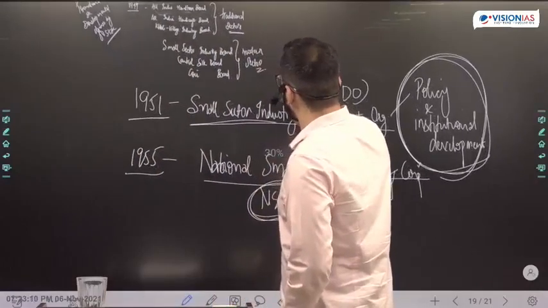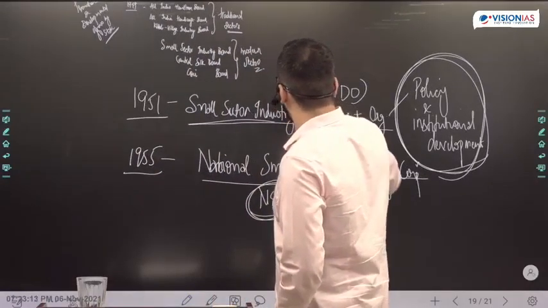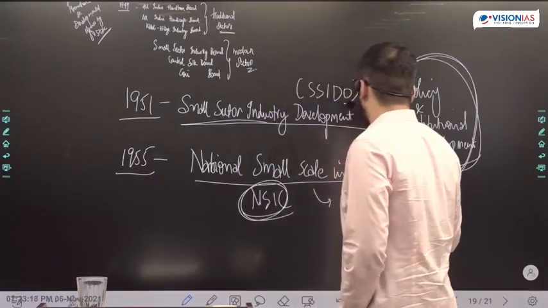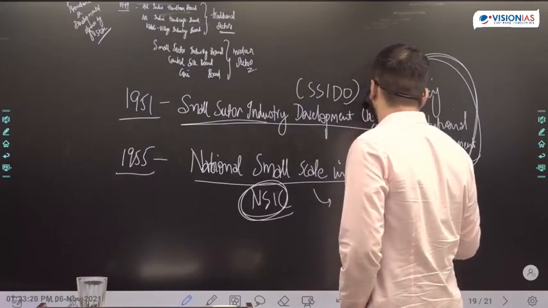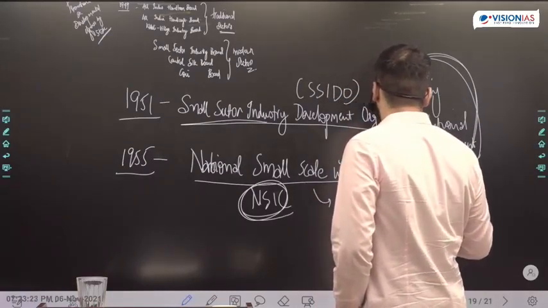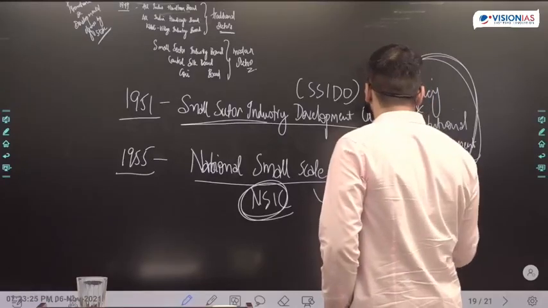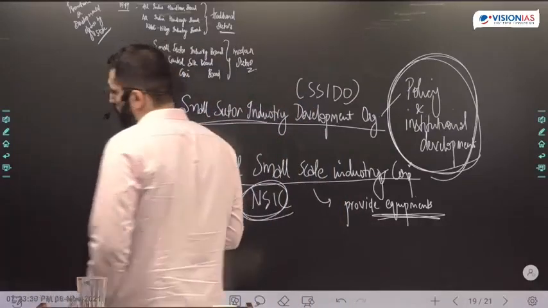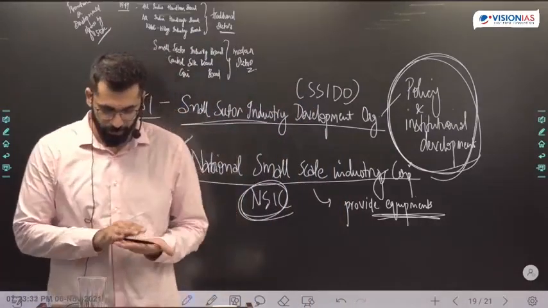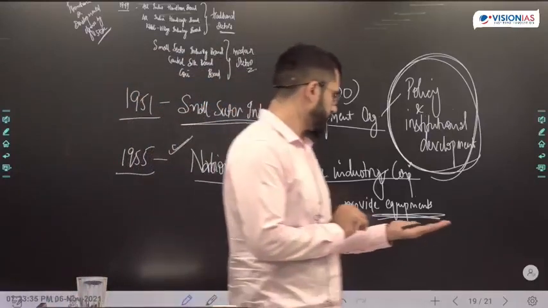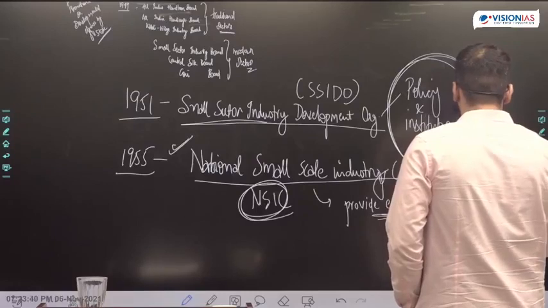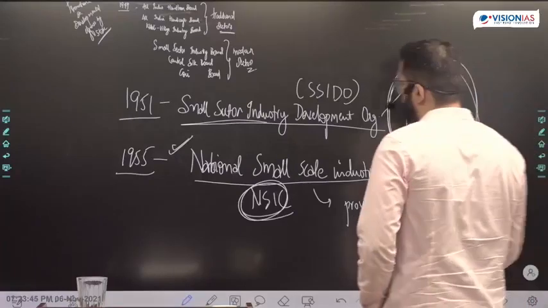See, the major benefit of having this National Small Scale Industry Corporation was to provide modern equipment to the small sector. Tools and equipment on hire purchase basis. Machinery to small scale sector, equipment, machinery. It also helped in procuring government orders.